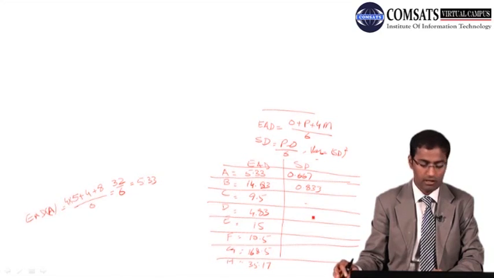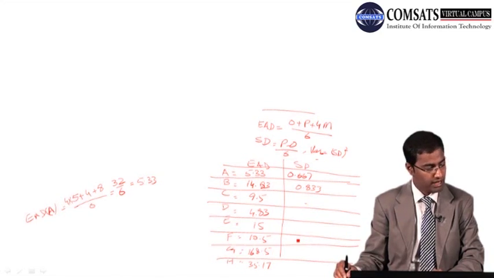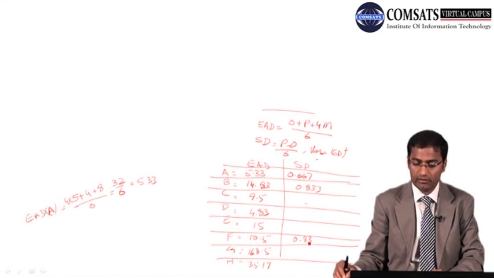Then the standard deviation of F is 0.833, and G is 8.5. Now standard deviation is quite high for that activity, and H is 2.167.